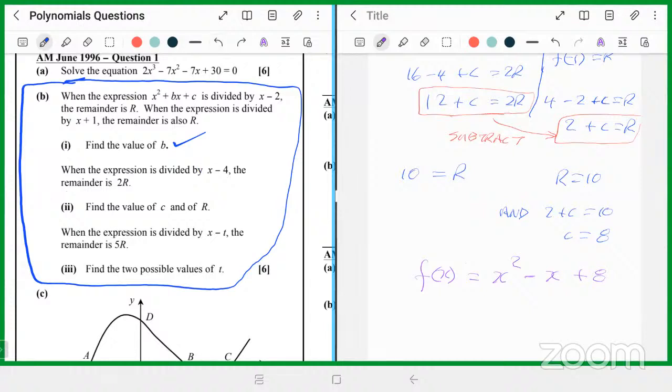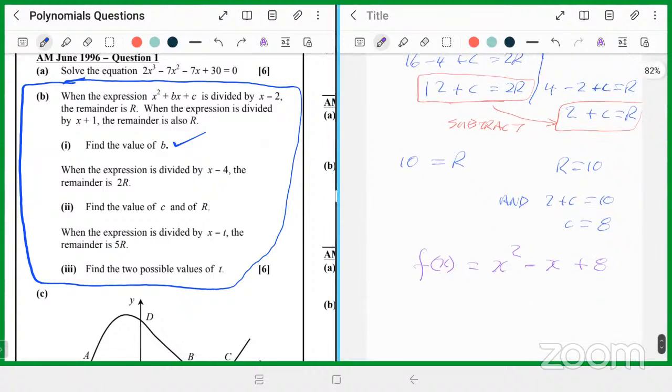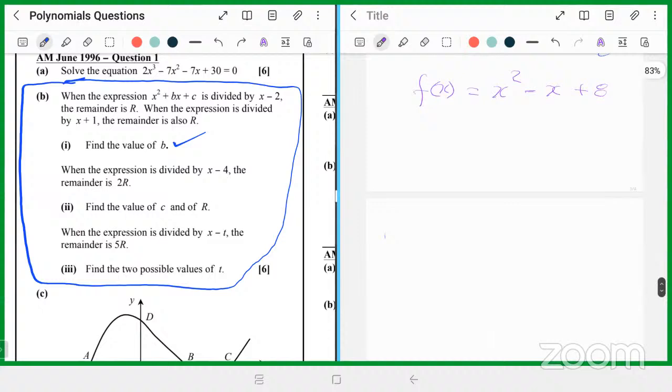Last part 3. When it's divided by x minus t, the remainder is 5r. The remainder otherwise is r, but this statement says x minus t leads to a remainder which is 5r. 5r is 50, because r equals 10.